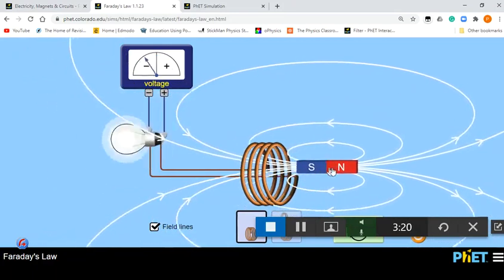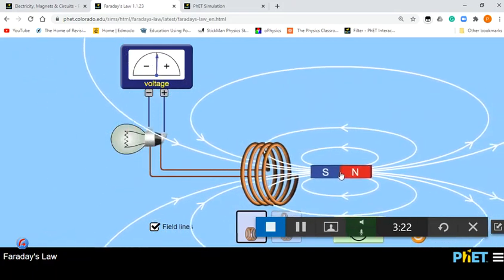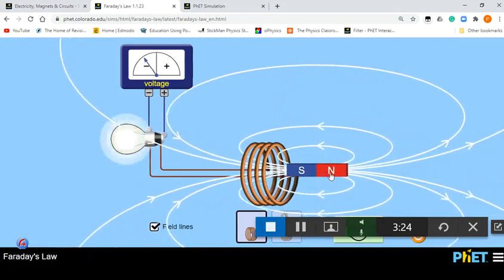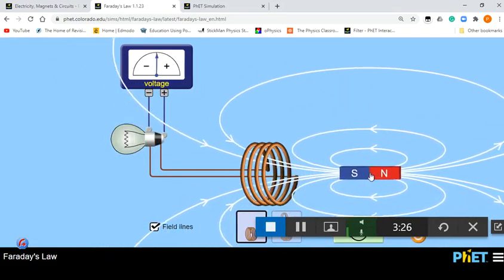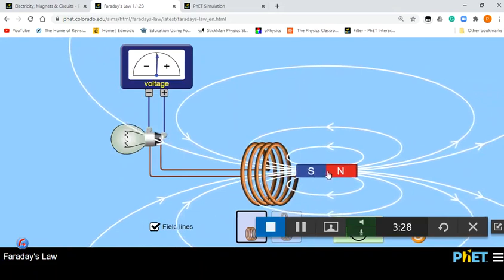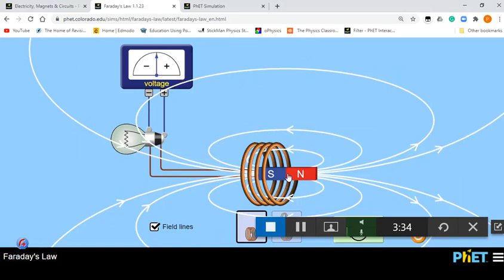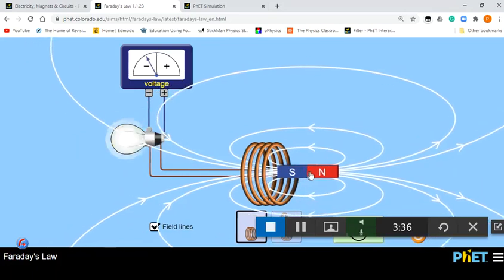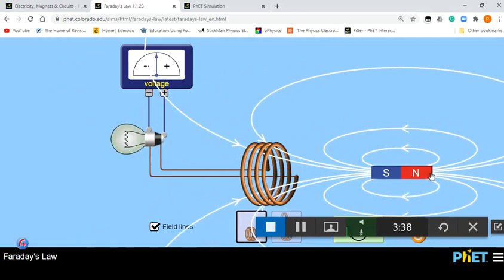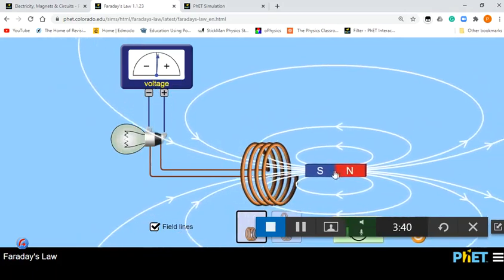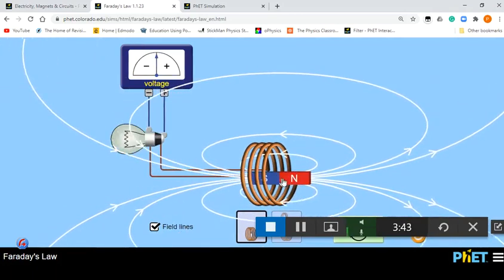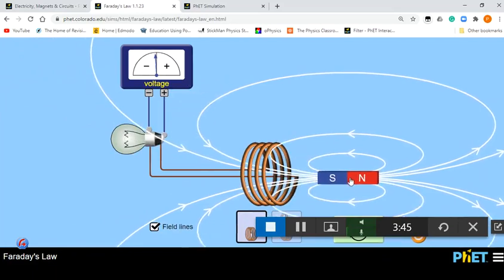Do you see how the field lines cut through the coil? It's only when the magnetic field lines cut through the coil, while it's busy moving, that there is an EMF and a voltage or a current produced. So it's either when it's moving in and cutting more of it, or when it's moving out and cutting it backwards.